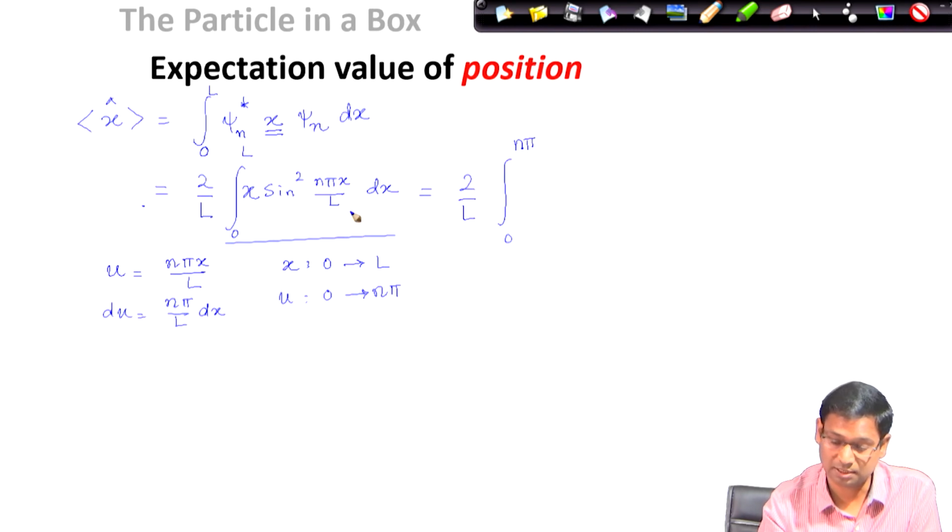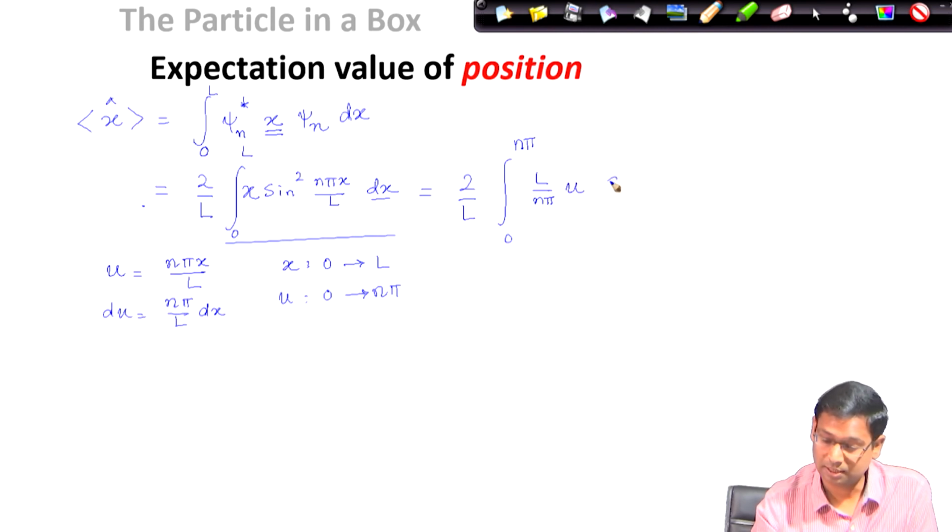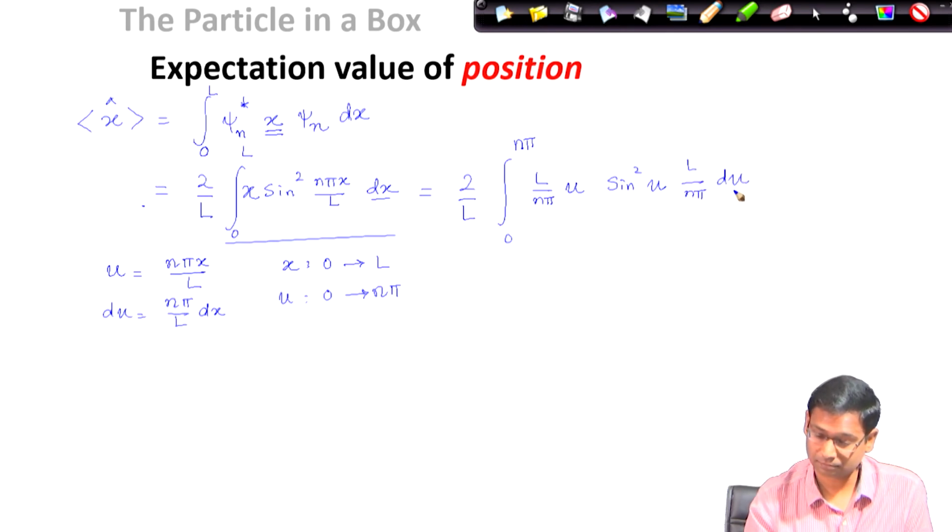So, I can write this integral as 0 to n pi. Sorry, instead of dx, I will write it in terms of du. So, x will become L by n pi times u, and the next quantity is sine square u, and dx will become L by n pi du.